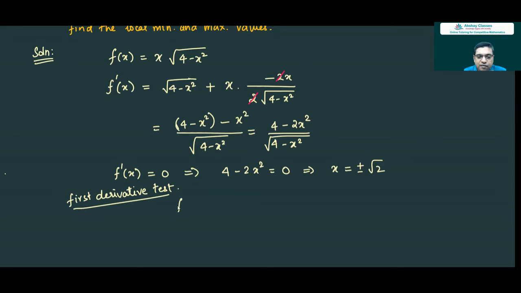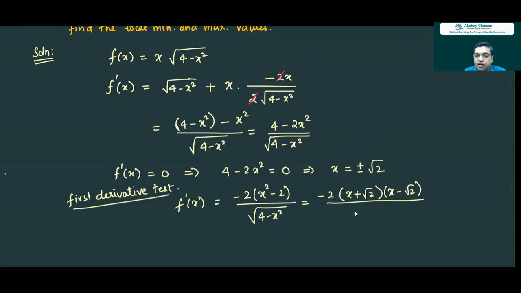So now f dash of x, I will write by taking 2 common, or say minus 2 common. I get x squared minus 2 by under root of 4 minus x squared. And this is x plus under root 2 into x minus under root 2. Now, in the domain of discussion, when x is around either plus root 2 or minus root 2, the denominator is under root 2.